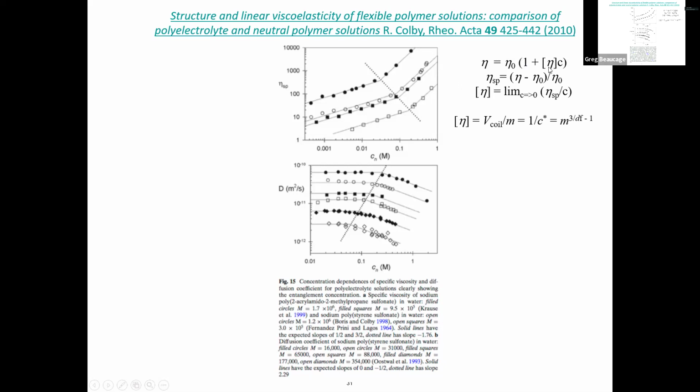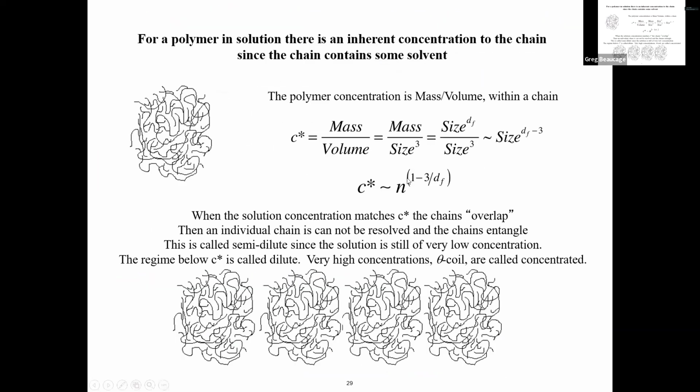This intrinsic viscosity is essentially 1 over C star. It's C divided by C star that says how many of these blob things you have in the system, and the more of those you have, the more the viscosity is enhanced.